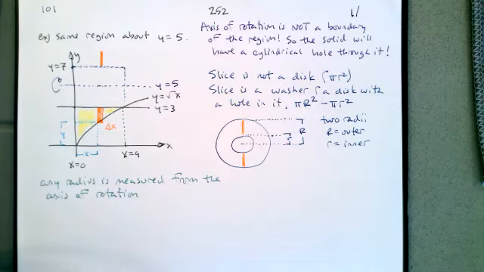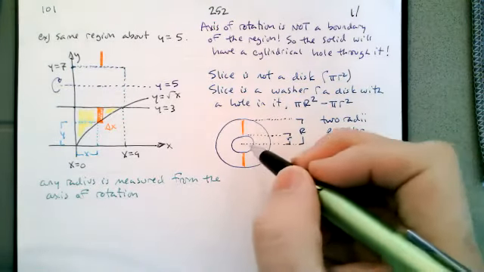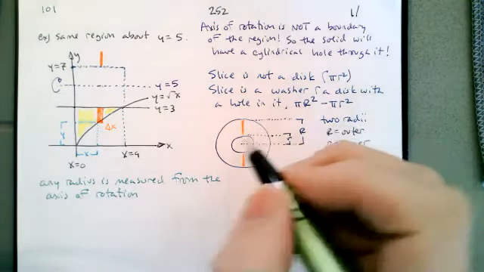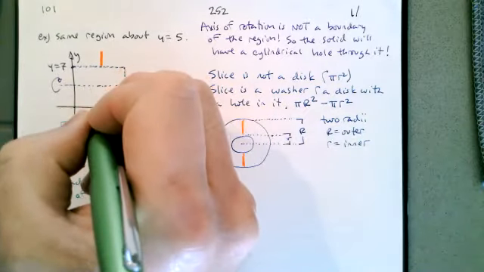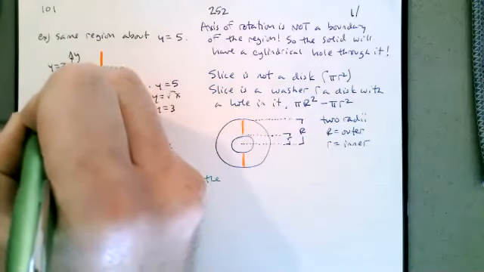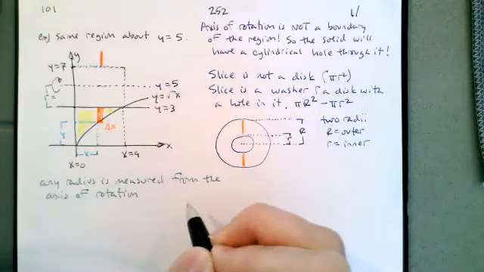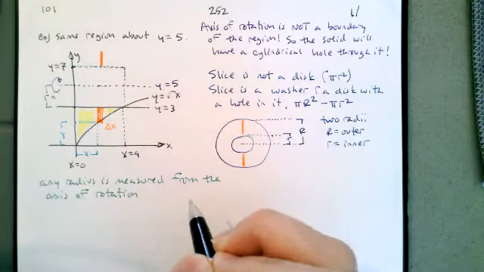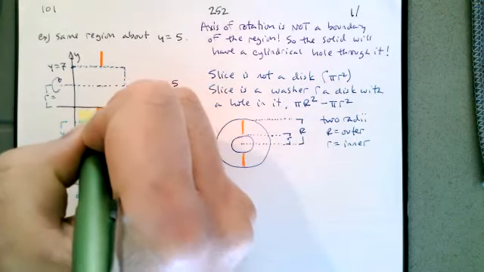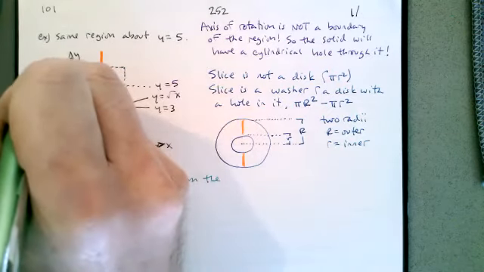So there are going to be two radii from the axis of rotation to the near end of the slice. From the axis of rotation to the near end of the slice, that's going to be the little r. And then from the axis of rotation to the outer edge of the slice, that's going to be our big R. Here's the outer edge of the slice.